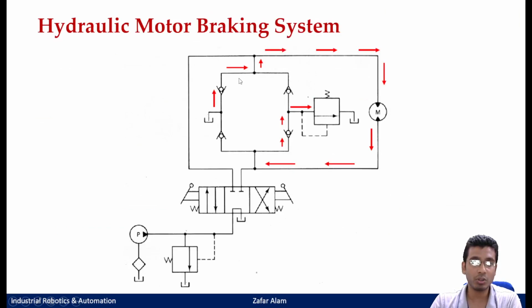It cannot go to this port here because this is a check valve preventing motion from the opposite side, so it will be forced to go through this again, and then finally once this pressure has been set and this relief valve is opened, your liquid will get drained out.